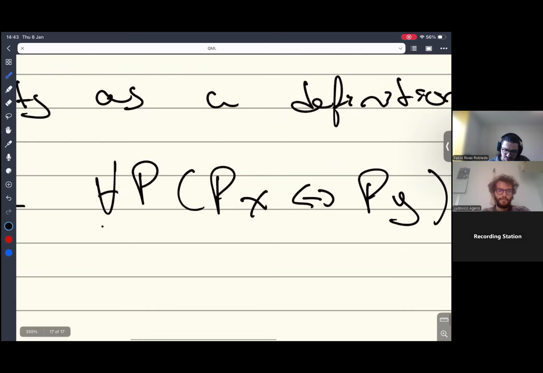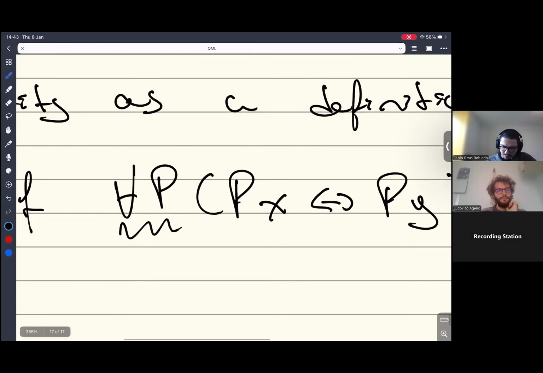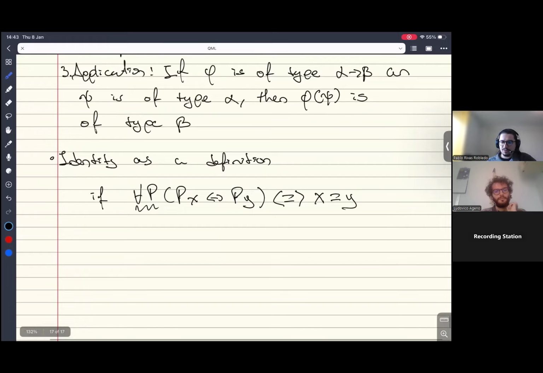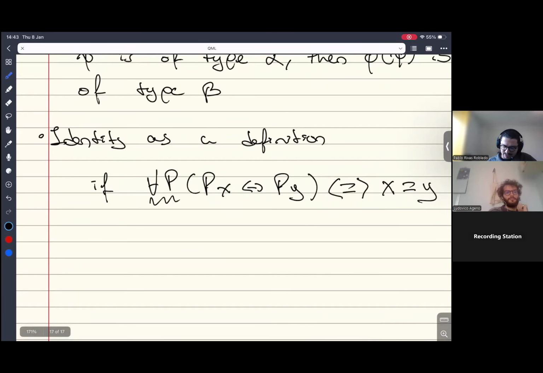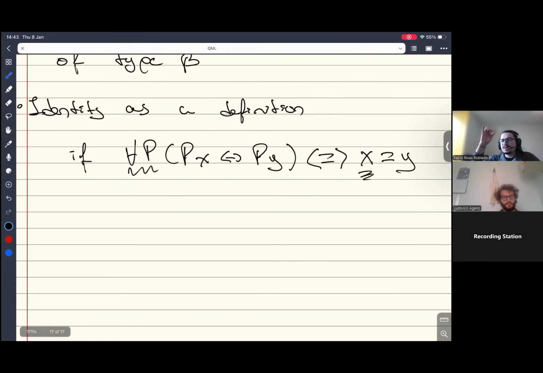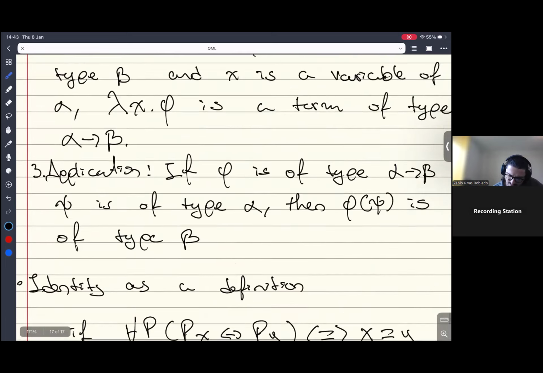But notice that here we are quantifying over predicates. So we cannot do this in first order logic, right? But now that we're in higher order logic, we can do this. Why? Because we can understand quantification of this and quantification of this as quantification over different types. So we can make something like an identity for all the entities. So we can define, how do I call them here?